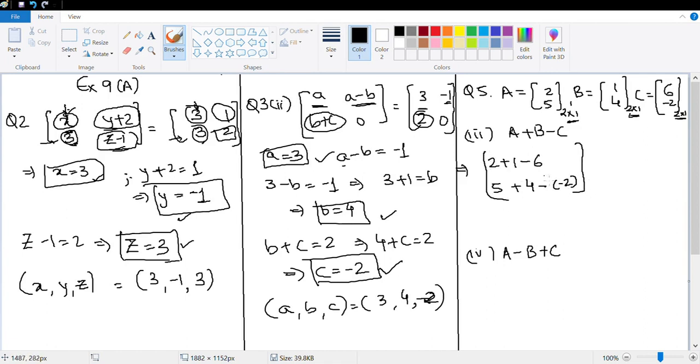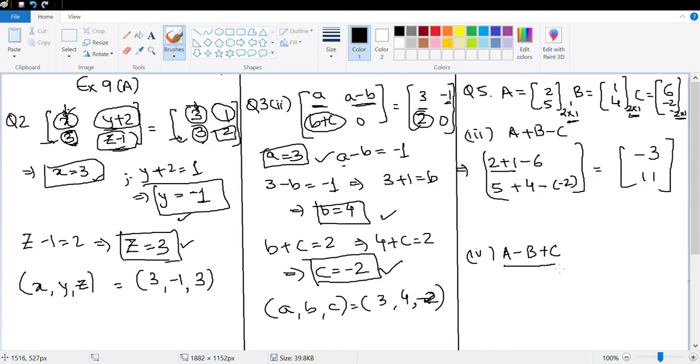Please note we are subtracting -2, which means we are adding. So this is 3 minus 6, which becomes -3, and 5 plus 4, 9 plus 2 becomes 11. So -3 with 11.